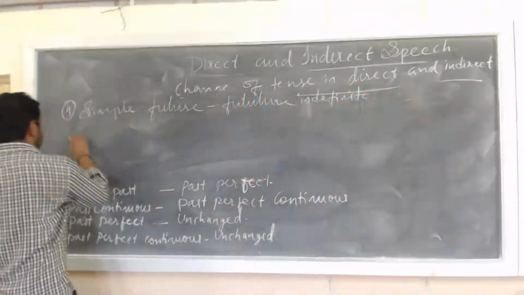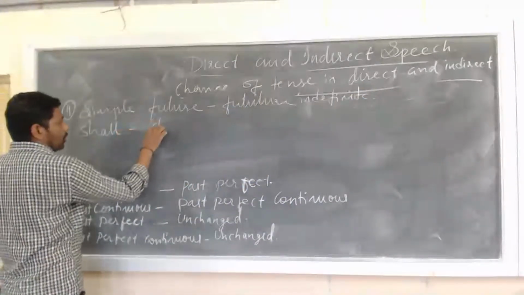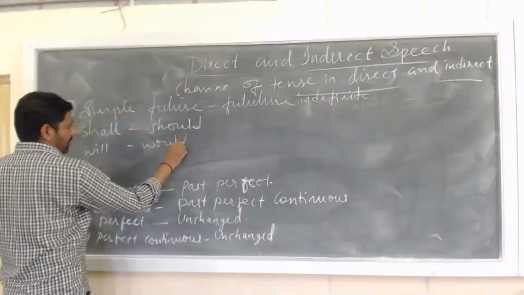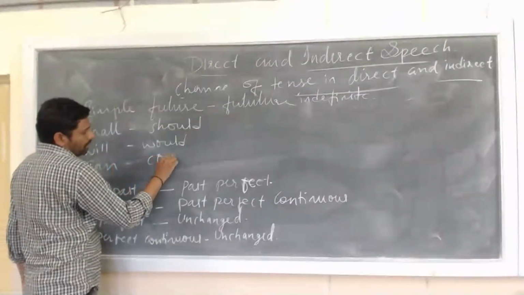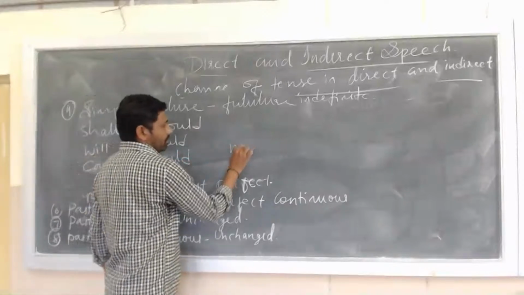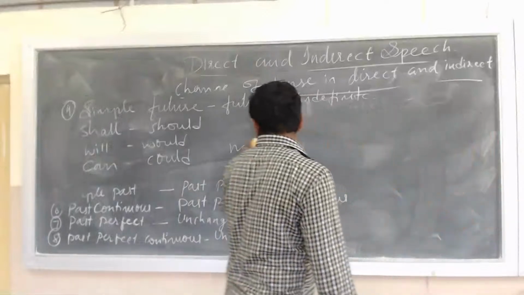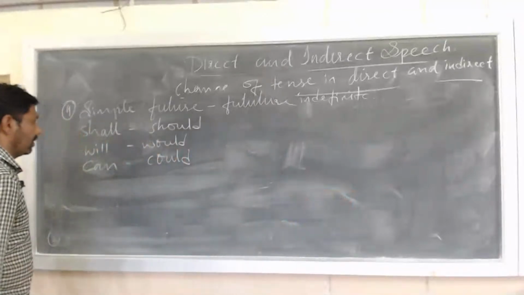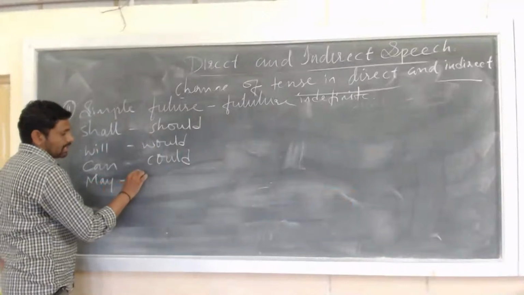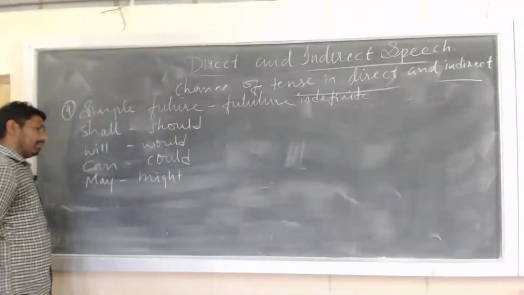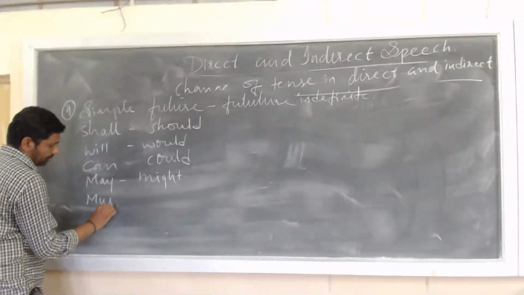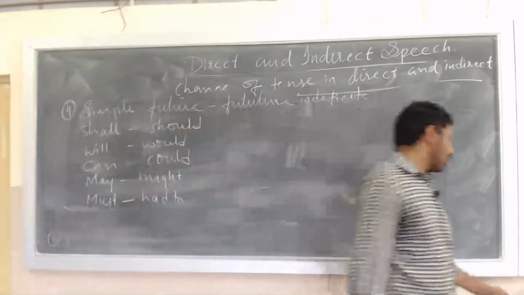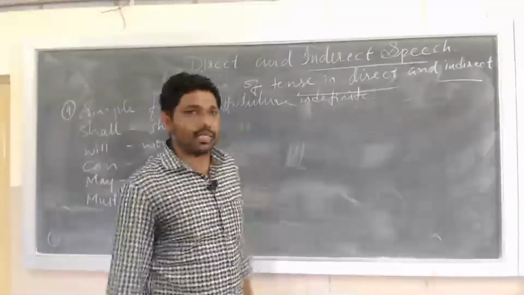You can take shall changes to should, will changes to would, can changes to could, may changes to might, right? Must changes to had to, got it? So these are the changes in the tense when it comes to direct and indirect.